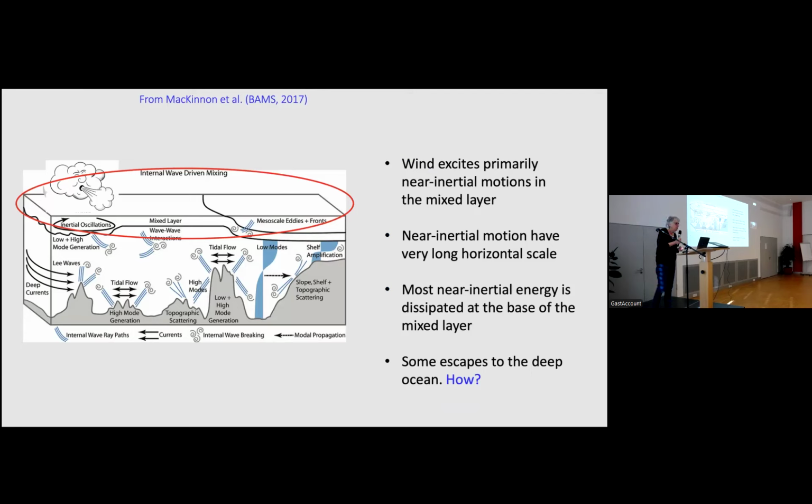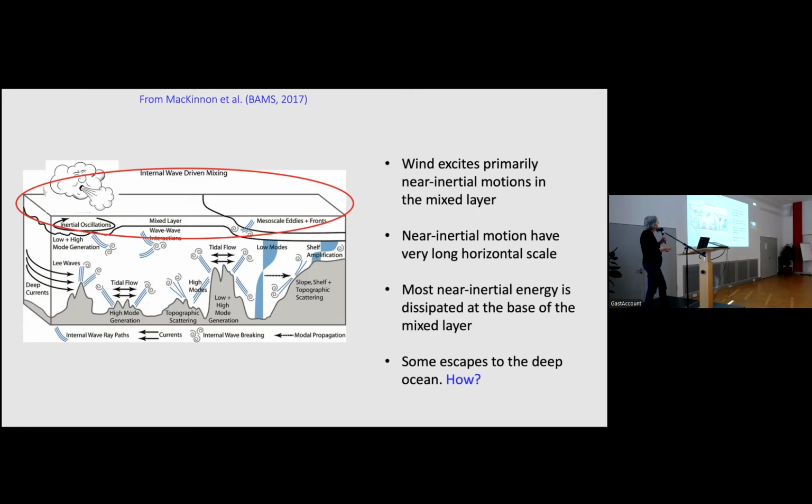So I'm using this nice picture from Jen McKinnon et al. review paper. For purposes of this talk, I'm really interested in the generation processes of inertial gravity waves by the wind. Okay, so we're not going to worry about tides in this talk.